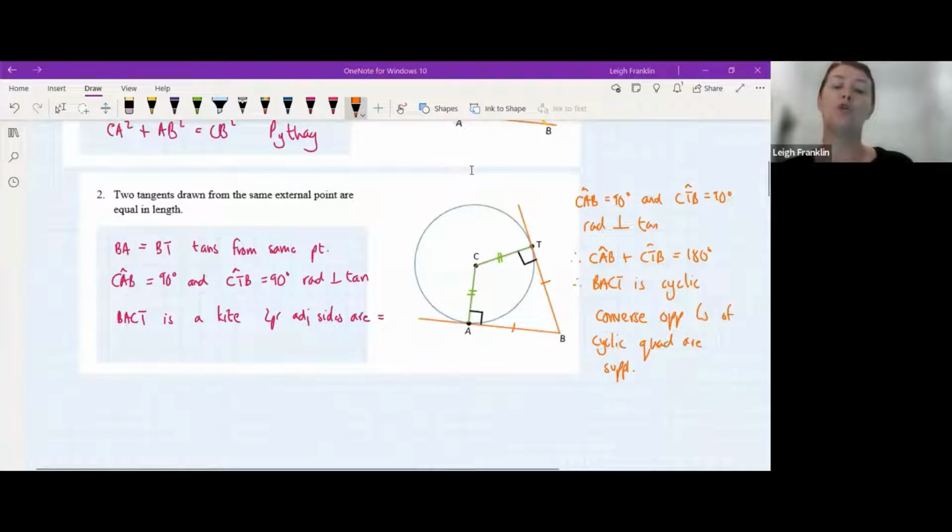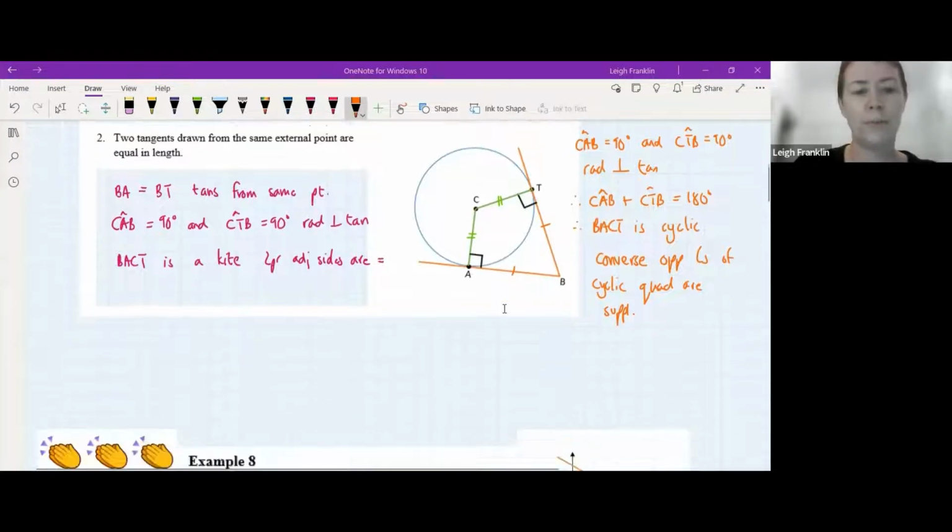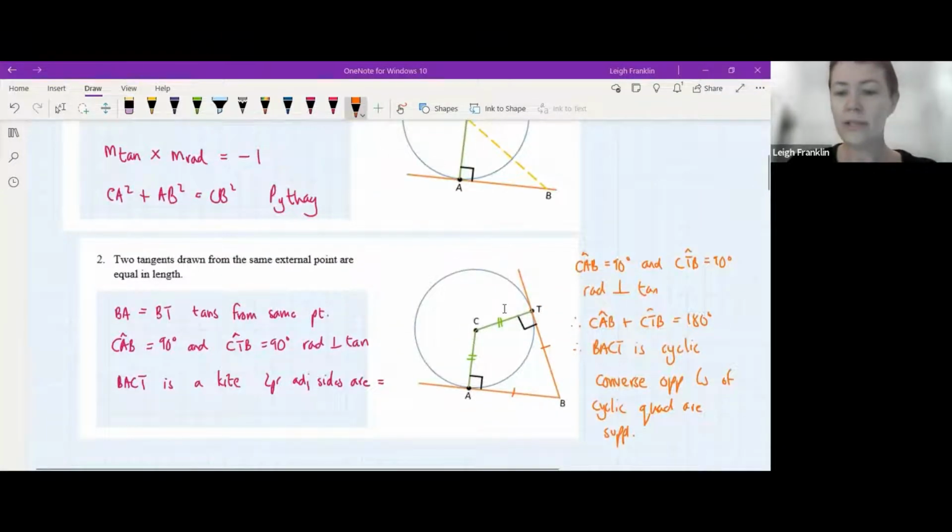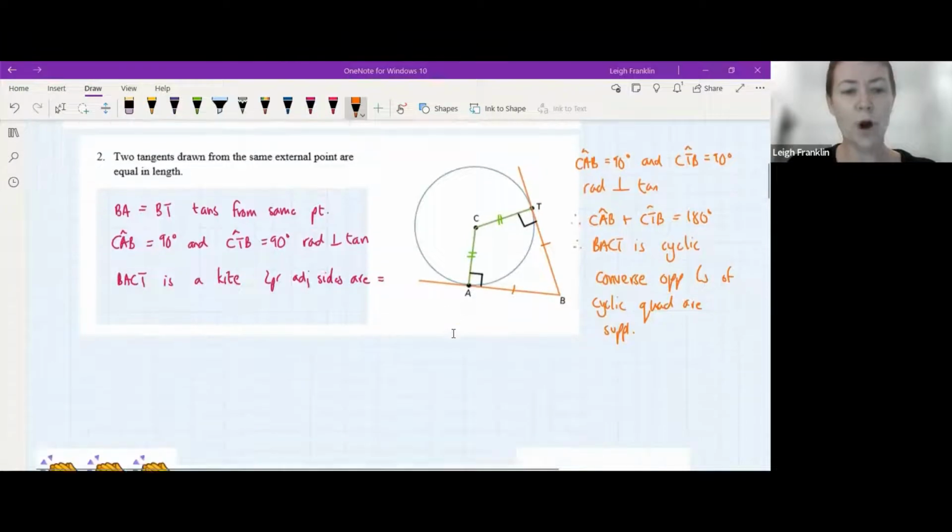So yes, you would definitely be asked to prove that a quad is cyclic in paper 2. Probably not in the analytical geometry section, but in the Euclidean geometry section of the paper, definitely. Okay, it is something that does get asked. So yes, these converses are important. Okay, so that being said, let's move on.